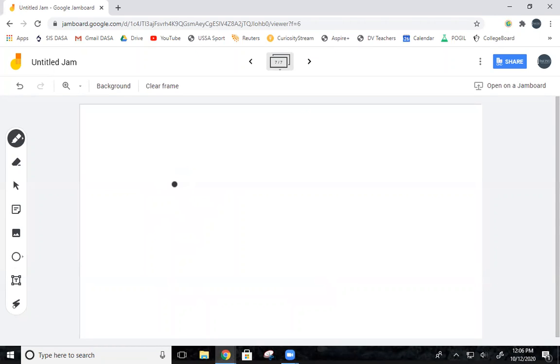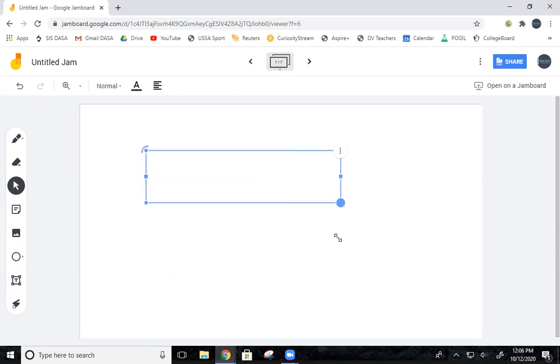So this is topic 2.4, structure of metals and alloys.